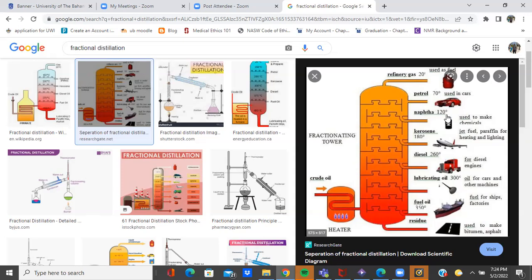That's basically fractional distillation of crude oil.